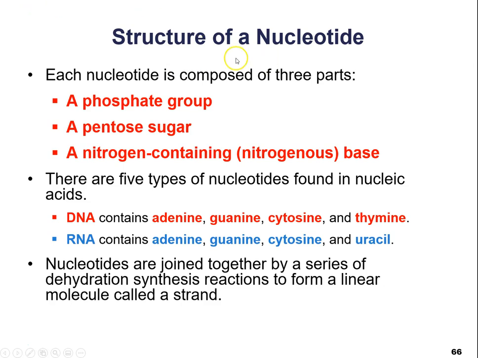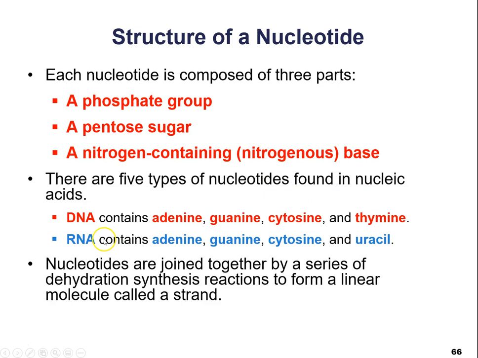All right, so we want to talk about a nucleotide first, because remember, the nucleotides are the subunits or the monomers of nucleic acids like DNA and RNA. Each nucleotide has three parts: a phosphate group, a pentose sugar, and a nitrogen-containing base or nitrogenous base. If we talk about the types of nucleotides, you probably have heard of these before. In DNA, we have adenine, guanine, cytosine, and thymine.